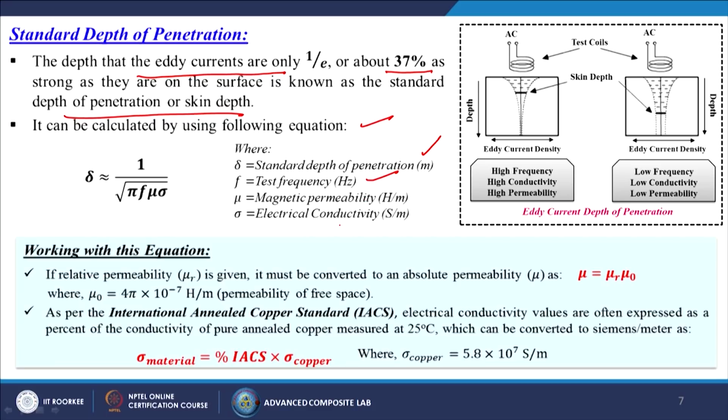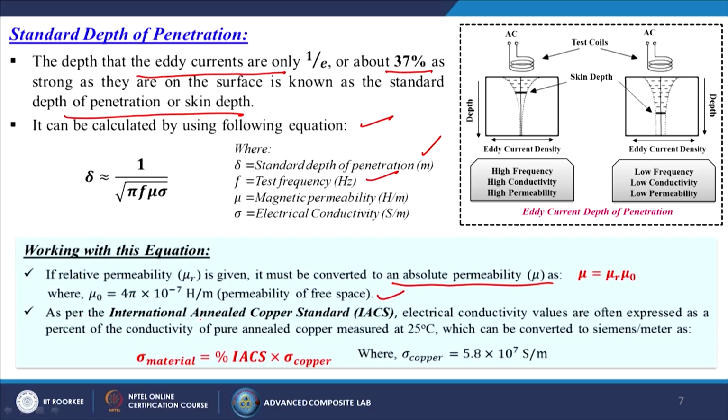So, when working with this equation, if the relative permeability mu r is given, it must be converted to an absolute permeability mu, as mu is equal to mu r into mu 0, where mu 0 is equal to 4 pi into 10 to the power minus 7 H/m, the permeability of free space.